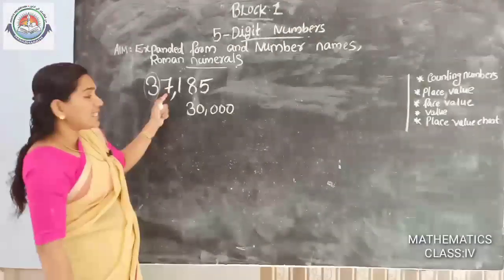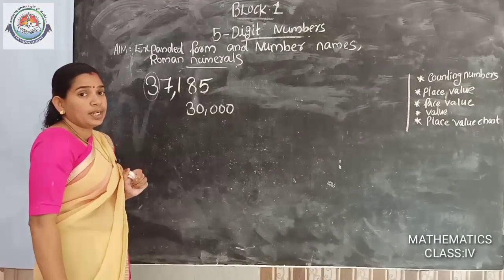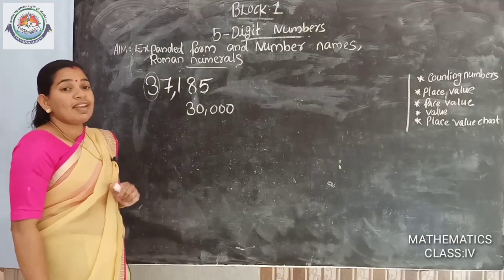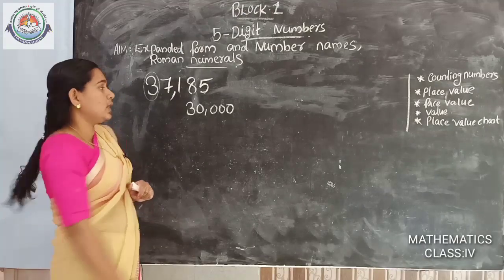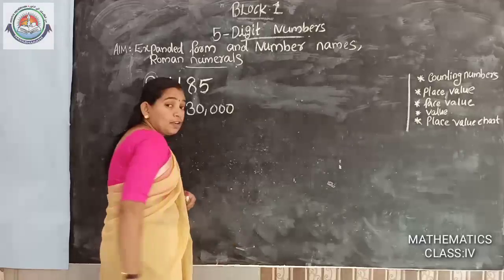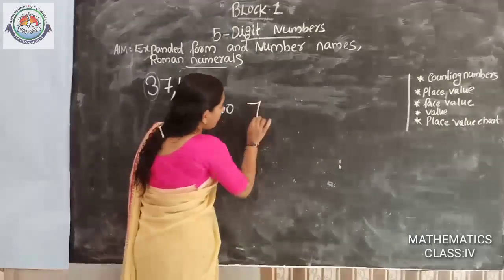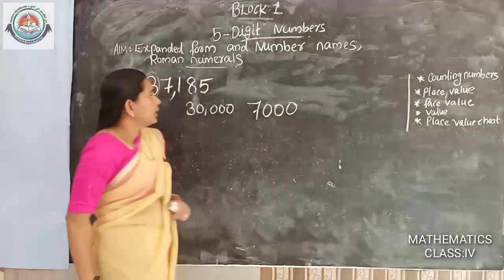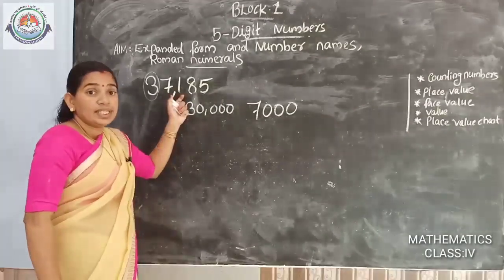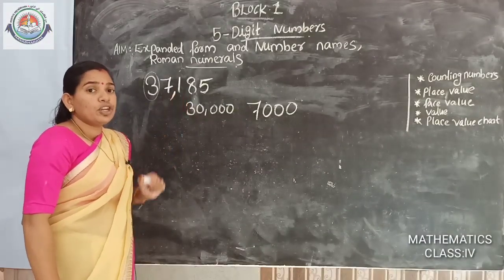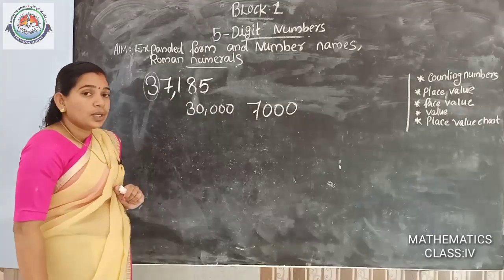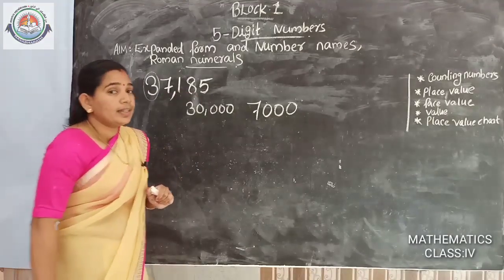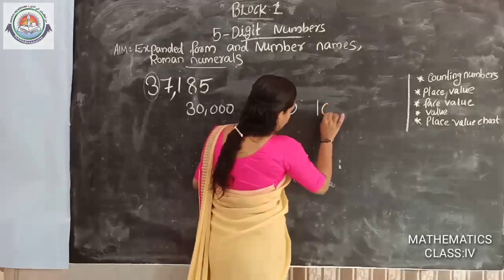Then the next digit is 7. In which place is 7? 7 is in the thousands place. So what is the value of 7 here? 7,000. Next digit is 1. 1 is in the position of 100. So what is the value of 1 here? 100.